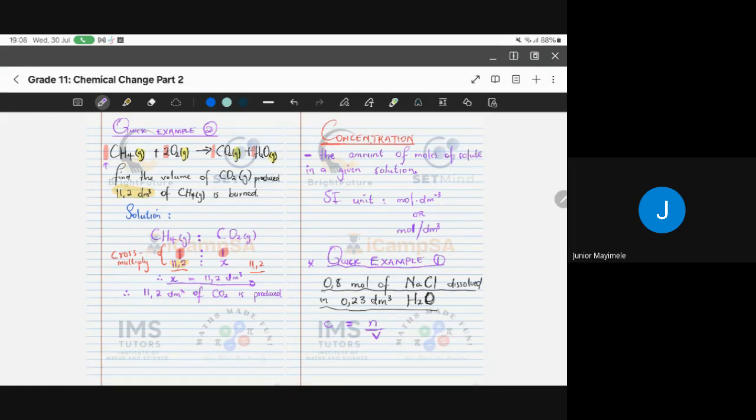Now, C is equal to N over V, where N is our number of moles of the given substance, V is our volume of the solution, and C is what we're looking for, the concentration.